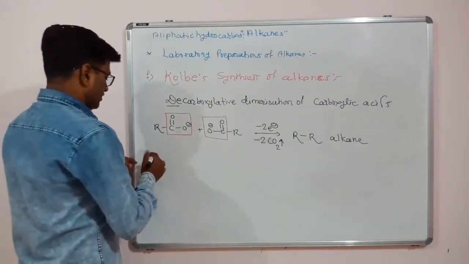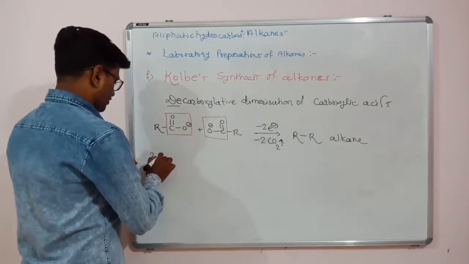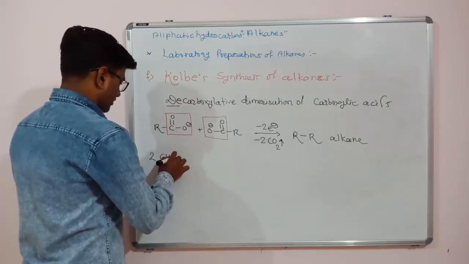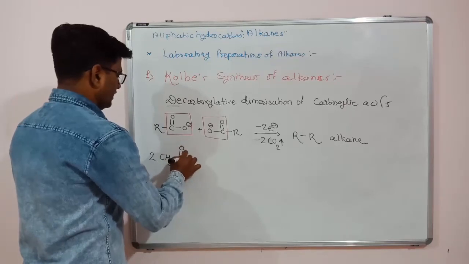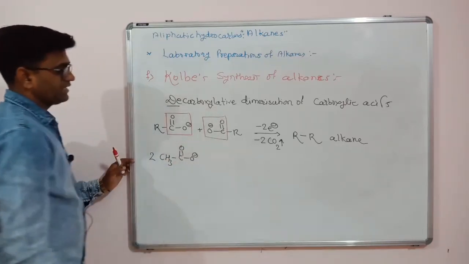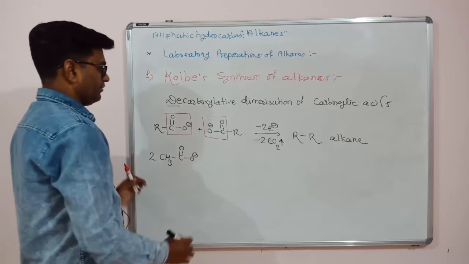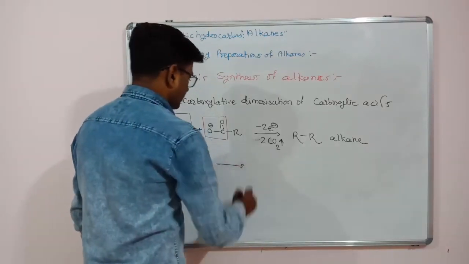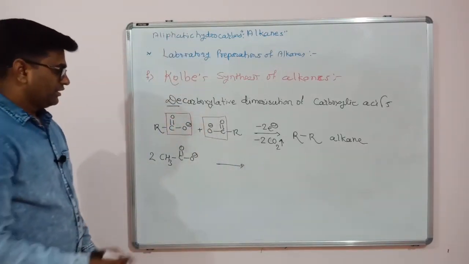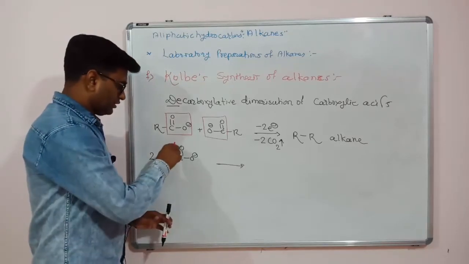Now tell me, suppose we have these 2 molecules of acetate ion. Then what are the products? What will happen? Decarboxylation.